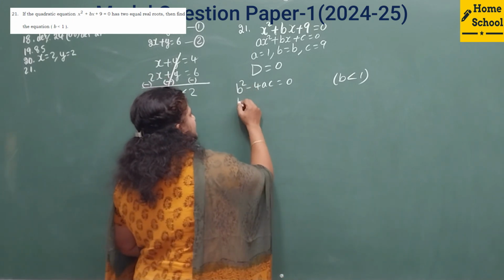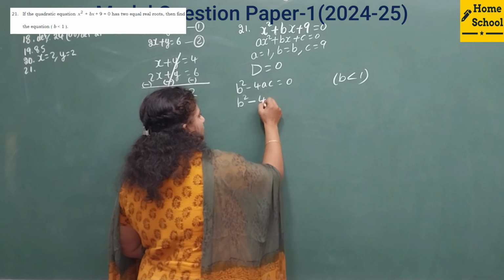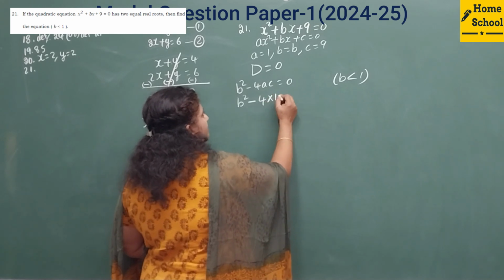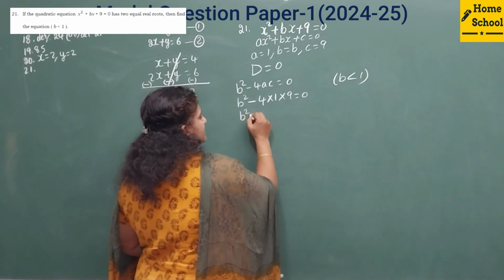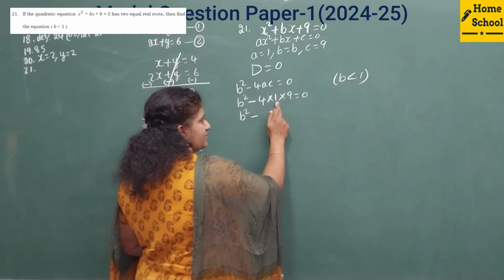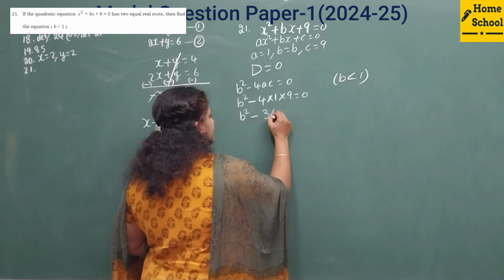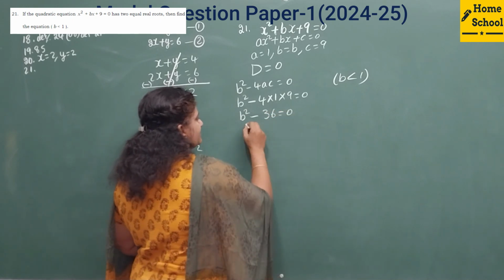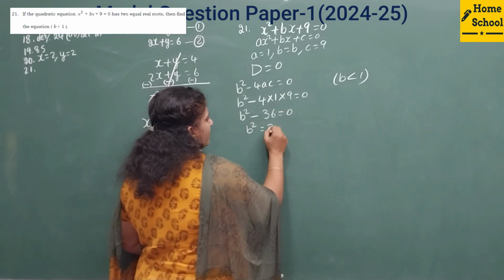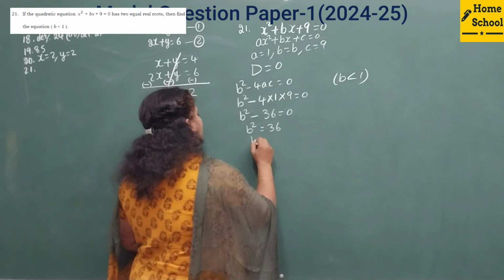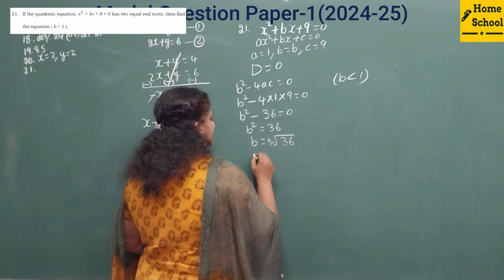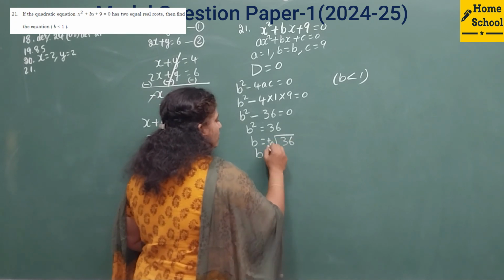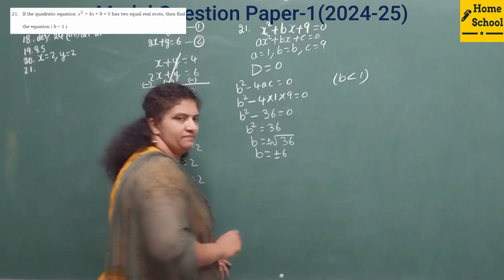That is b square minus 4 into a value is 1, c value is 9 equal to 0. b square minus 4 ones are 4, 4 nines are 36. Minus 36 send other side. b square is equal to 36. b equal to square root of 36, plus or minus, that is b is equal to plus or minus 6.